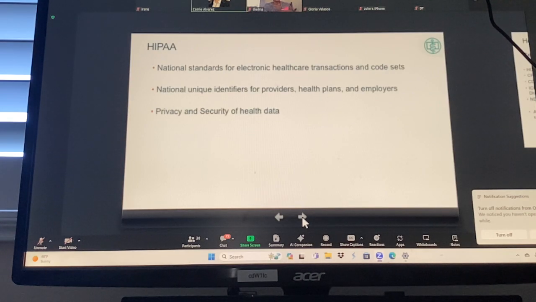HIPAA, make sure you read up on HIPAA. HIPAA from 1996, and we tend to think that it's only about privacy, but it is about electronic transactions and code sets, so that we only use the ICD-10, CPT and HCPCS to submit our data. And of course, MPI numbers, but we normally talk about and have issues with the privacy and security of that health data.